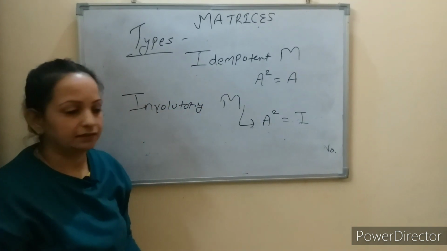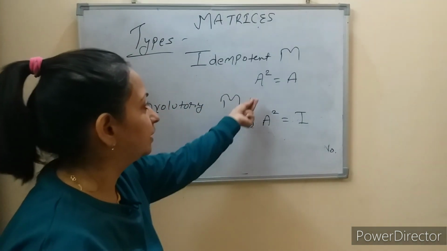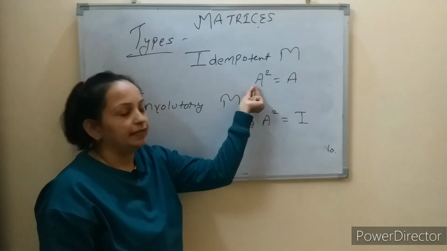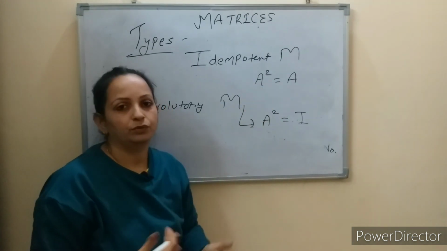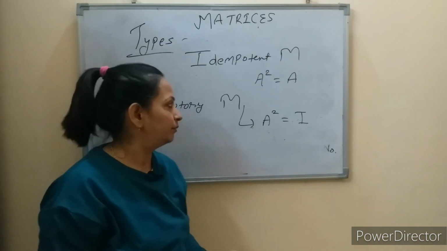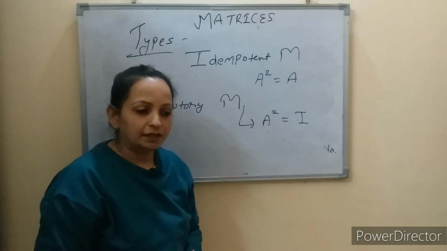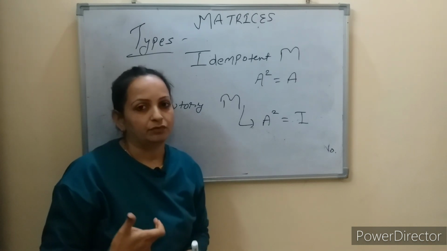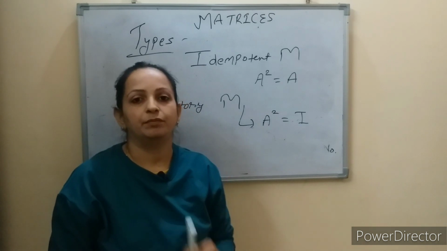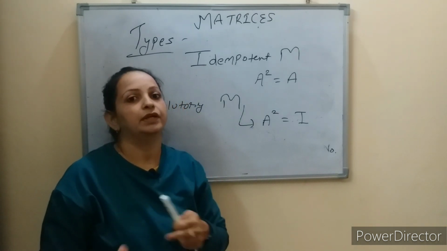Now, the definition is giving a condition on A square, and till now you don't know how to find the square of a matrix. Just like a number, if we want to get the square of a particular number, we have to multiply the number twice, like 5 into 5.